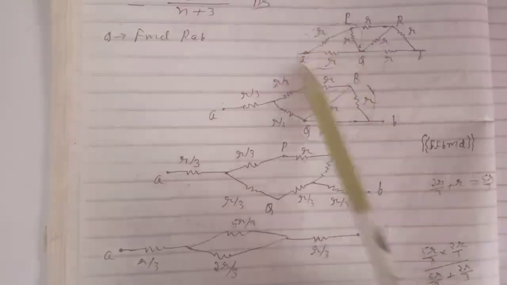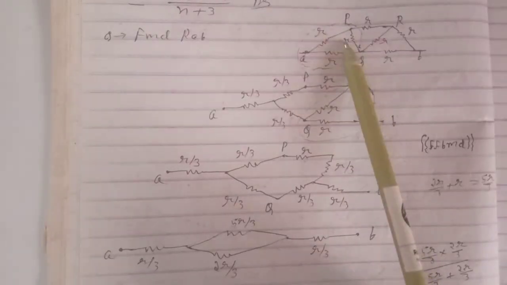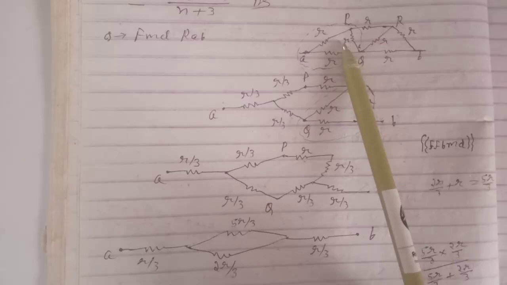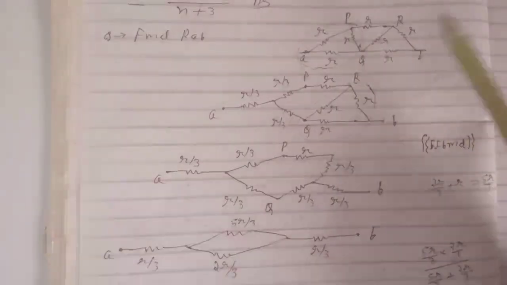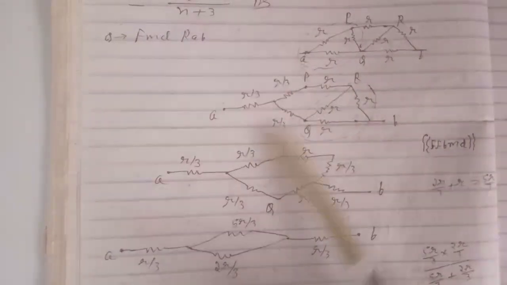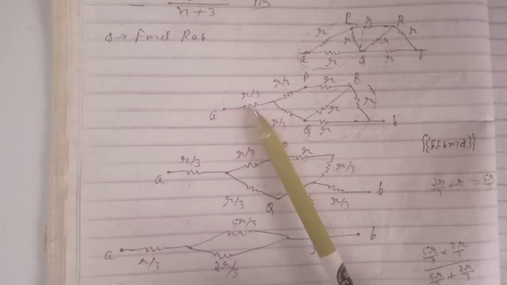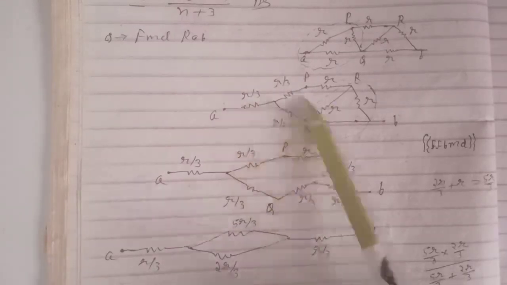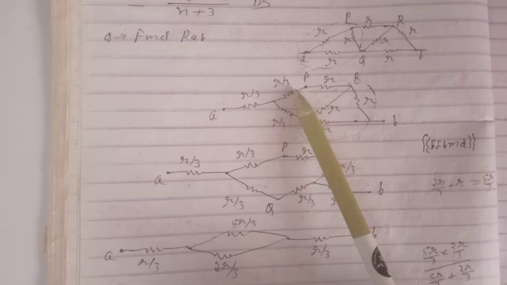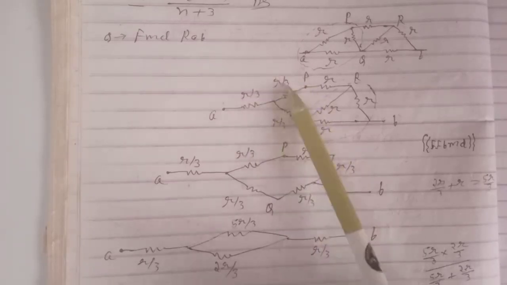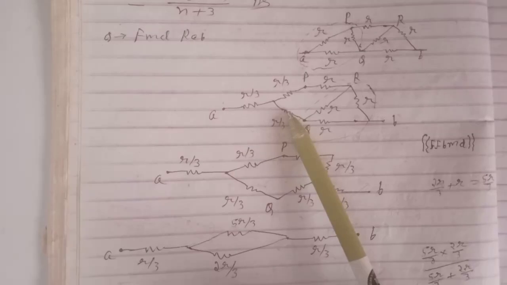Now, as shown in the figure, we can convert this delta network into a star network by using those rules, and we have converted it into a star network, and the value of the resistances is R by 3, R by 3 and R by 3 after converting.